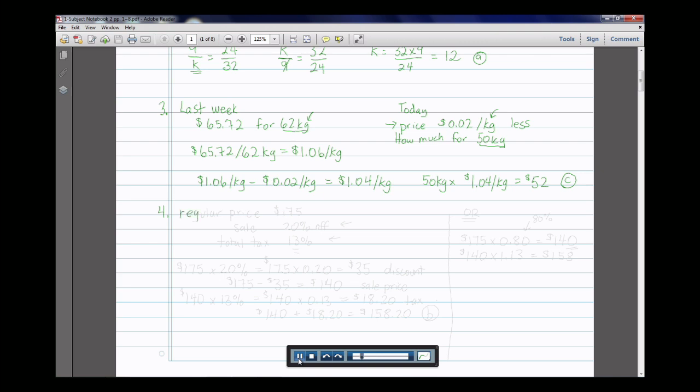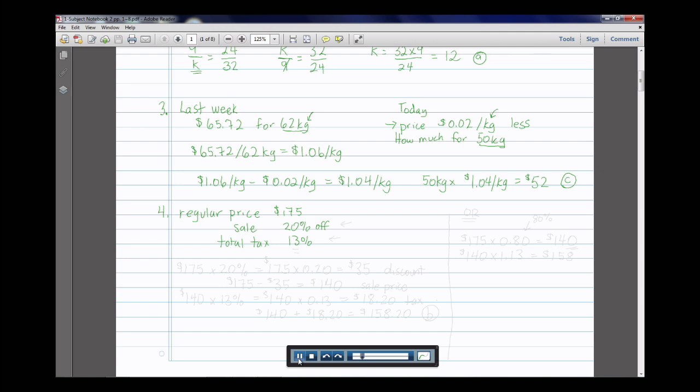So you have the regular price is $175. The sale price is 20% off, and the total tax is 13%. Now there are two ways of doing this.